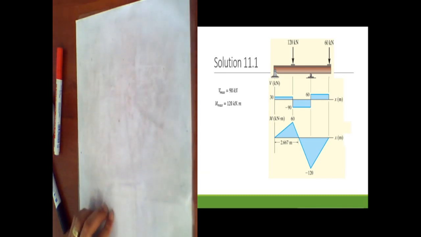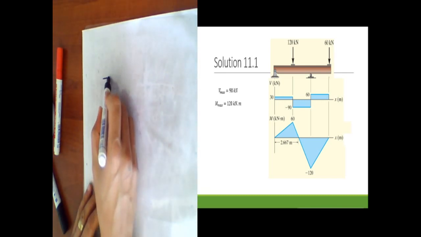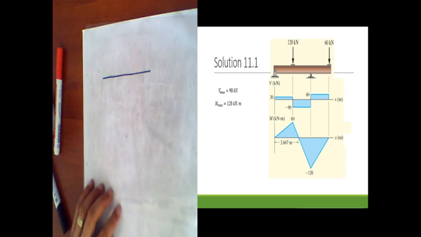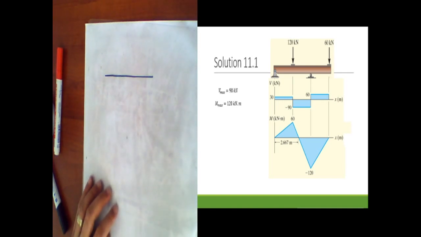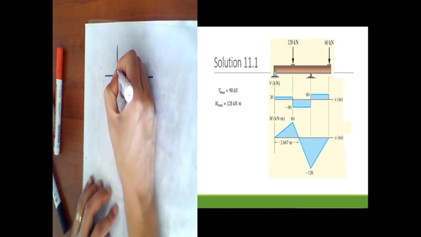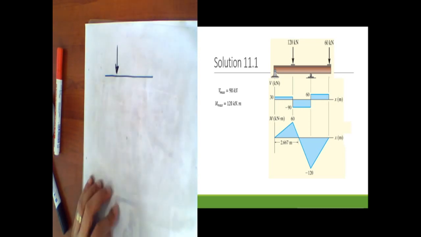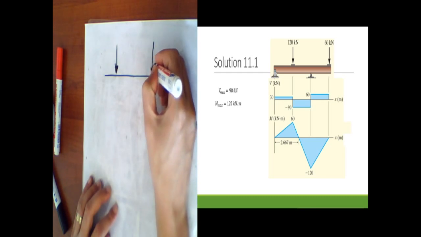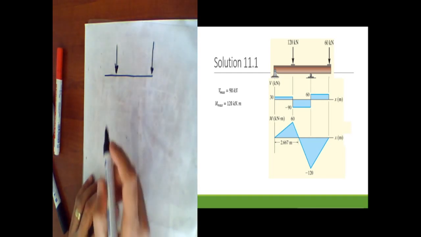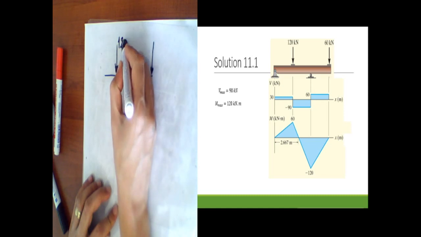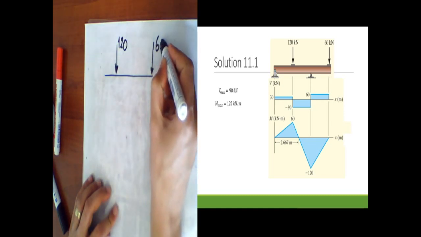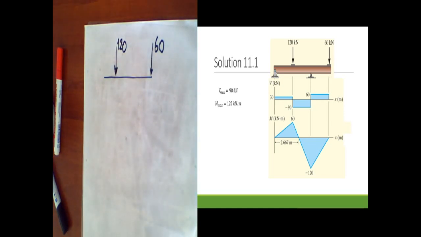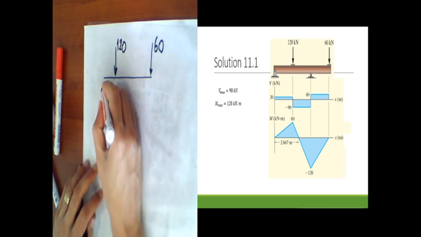First of all, I want to draw a free body diagram. I put a line for the beam and add our point loads, with values 120 and 60. Then I want to add the reaction forces.